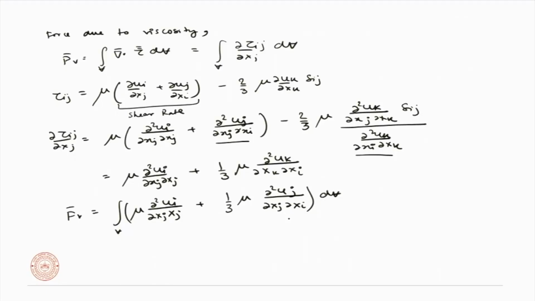Now, you have all the forces. So, by the conservation of linear momentum, we have that F due to momentum is equal to F due to gravity plus F due to pressure plus F due to viscosity. Let us put everything together.